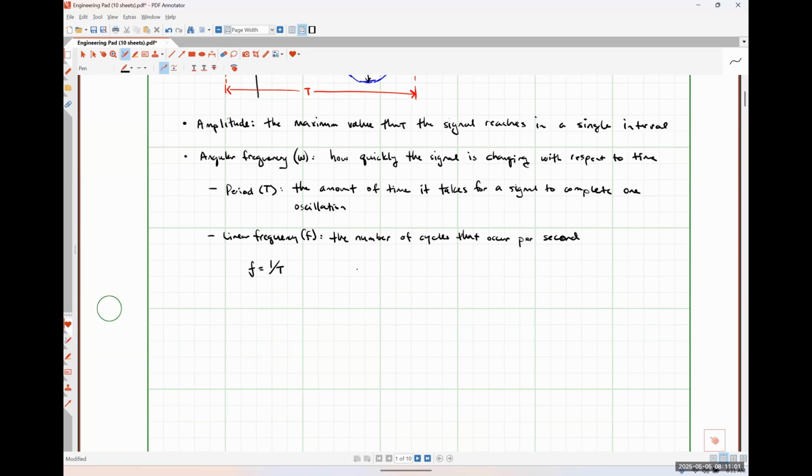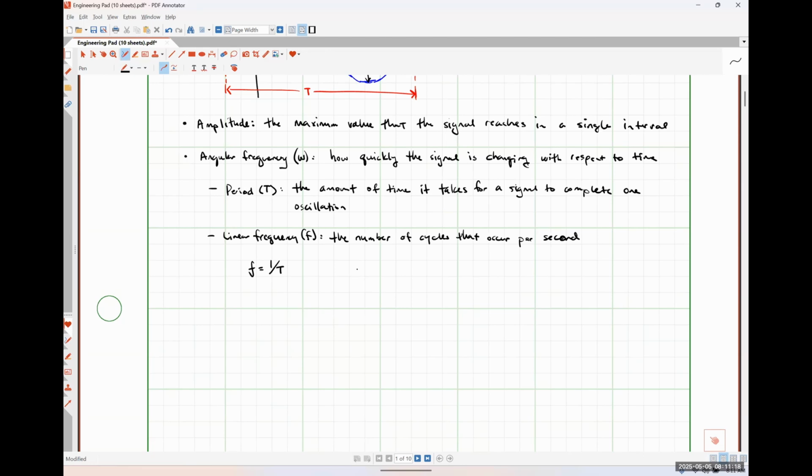Well, our angular frequency and our linear frequency are related to each other, because we know that for each cycle, our sinusoidal signal undergoes a total angular change of 2 pi radians.